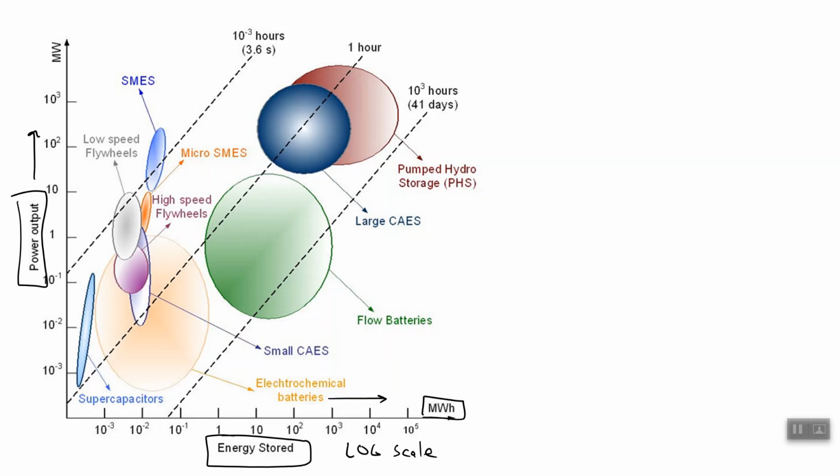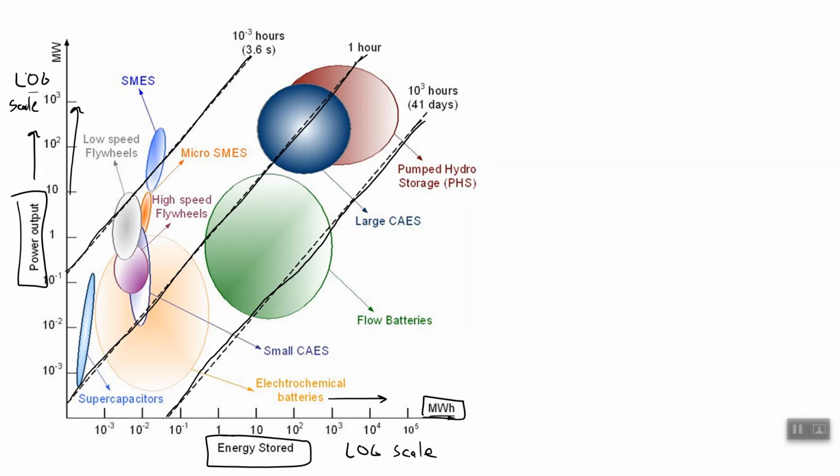And I will note that this is also a log scale, which means as we go up, we exponentially increase our ability to extract that energy at a certain rate. Okay, now since we have total energy, and if we divide that by the amount of power, then we find how long it takes to actually exhaust our energy storage, given as these dotted lines, which here is 3 seconds, 1 hour, and 41 days.